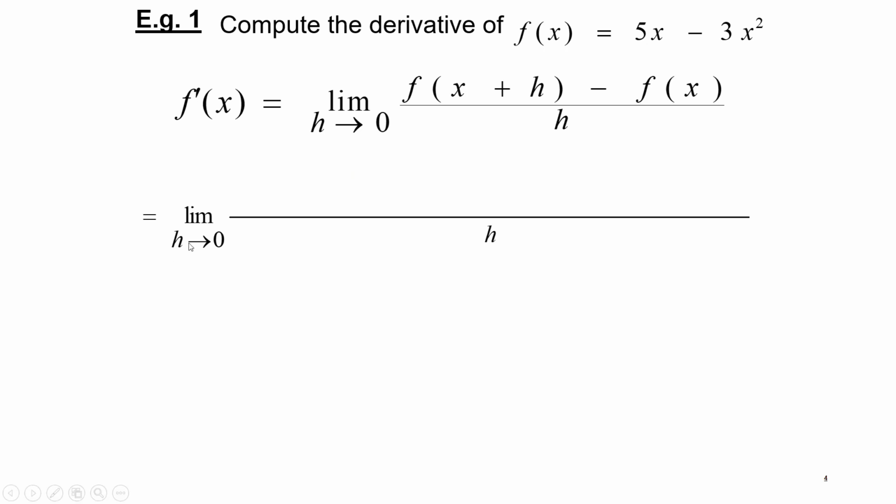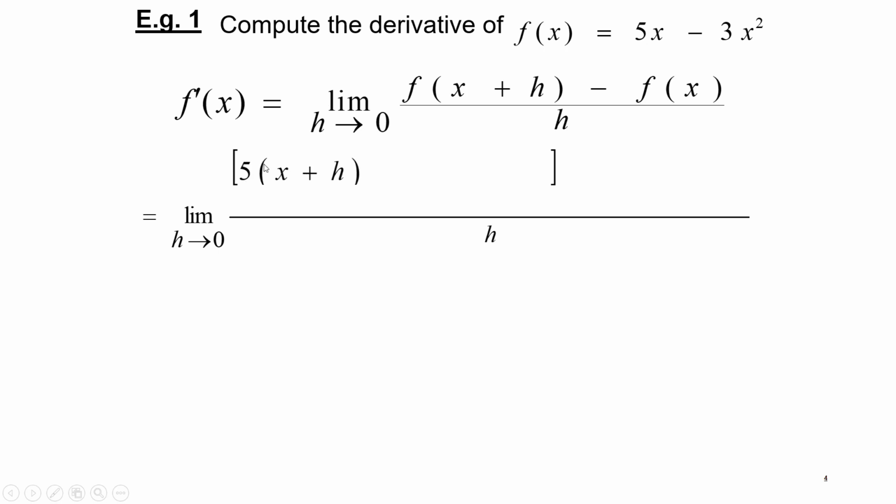Limit as h approaches 0, this is the same thing from the formula, this h comes here. Now we are going to talk about the top part here. So we use a square bracket and we are going to do this part now.